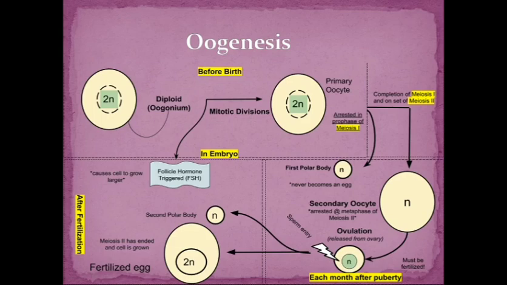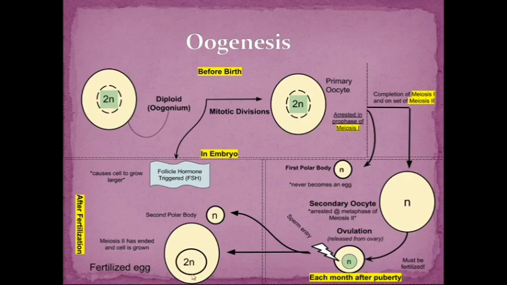Now at that time, if there is the entry of the sperm, or if the sperm reaches the fallopian tube, there are chances of fertilization. The sperm enters the secondary oocyte. The moment the sperm enters the secondary oocyte, the secondary oocyte completes its meiosis 2, resulting in the formation of a second polar body and a functional ovum.